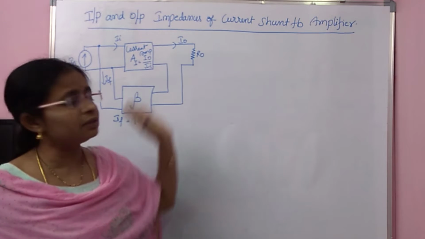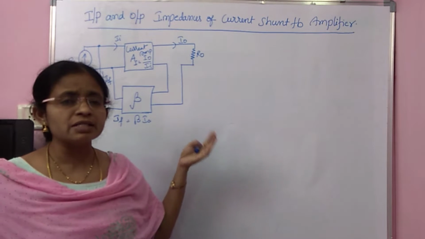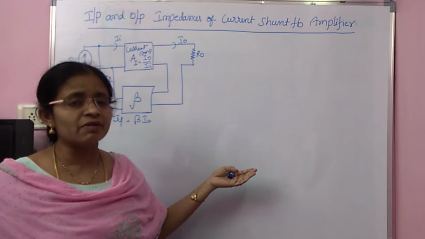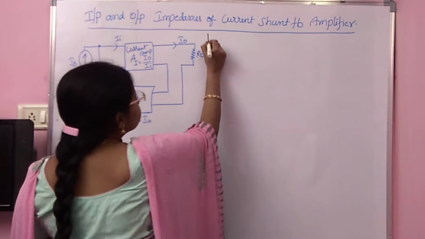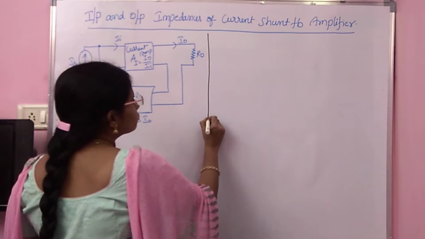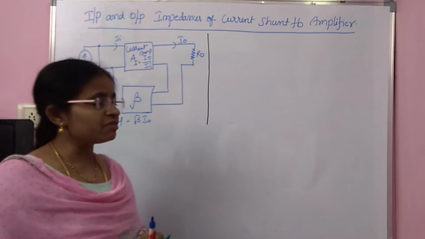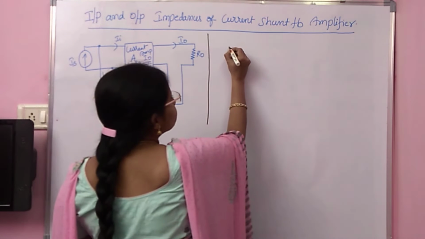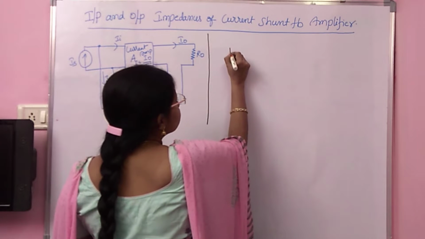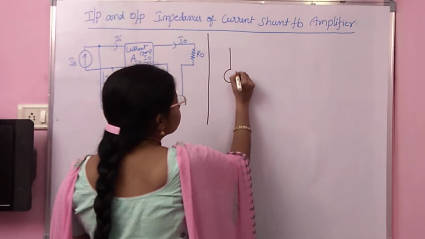Now to find the input and output impedances, we must draw its Thevenin's equivalent circuit. Let me draw it.